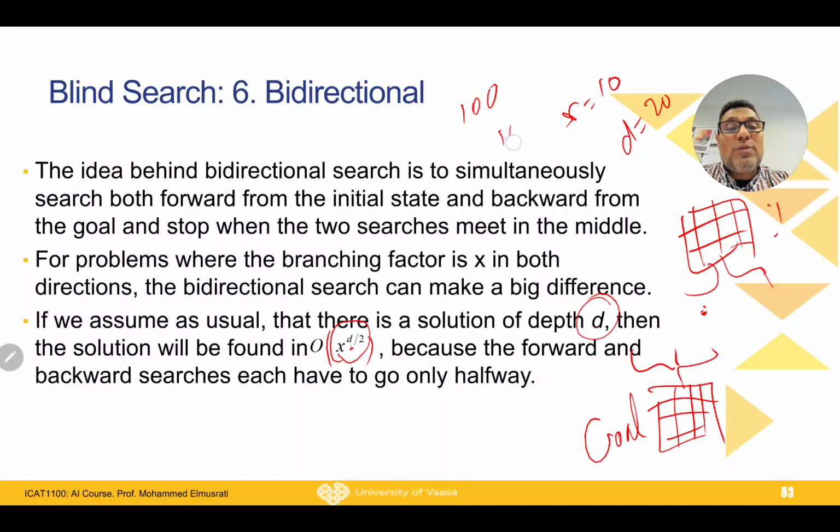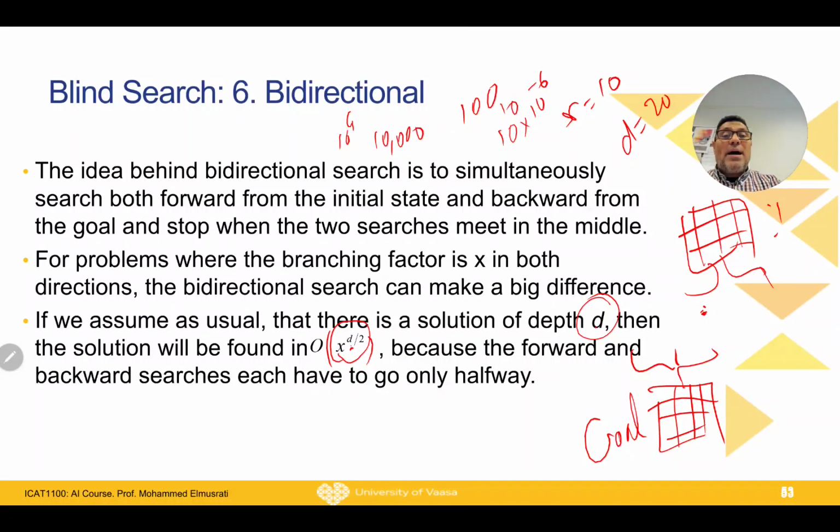If you multiply it by the computer speed, 10 to the power minus 6 seconds, 1 microsecond for each iteration, then this problem could be solved in 10 to the power 4 seconds. It is 10,000 seconds, which is much less than 3 million years. 10,000 seconds is maybe 3 hours or something like that.